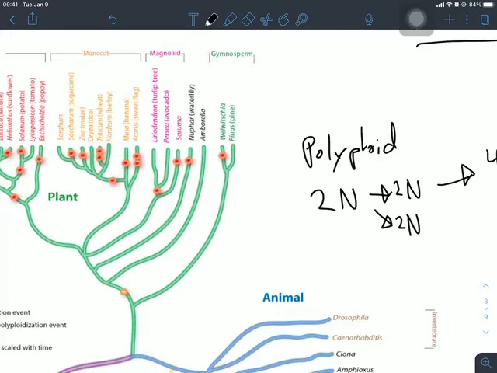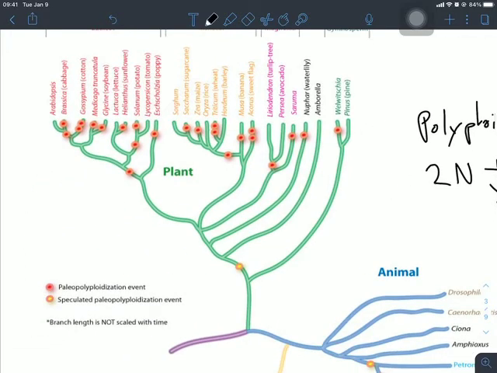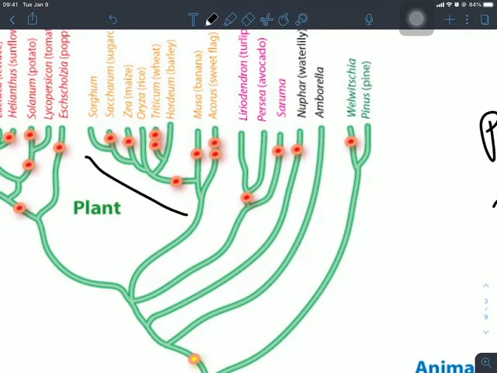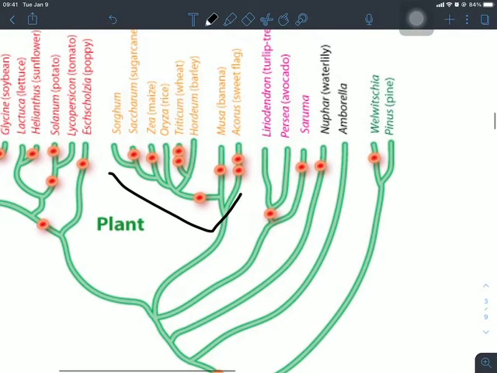And this plant tree of life shows known whole genome duplication events as red dots on the tree. And we can see that within your monocots, your grass relatives, these are all different grasses like corn and rice and wheat, we see that they all inherit lots of different whole genome duplication events.